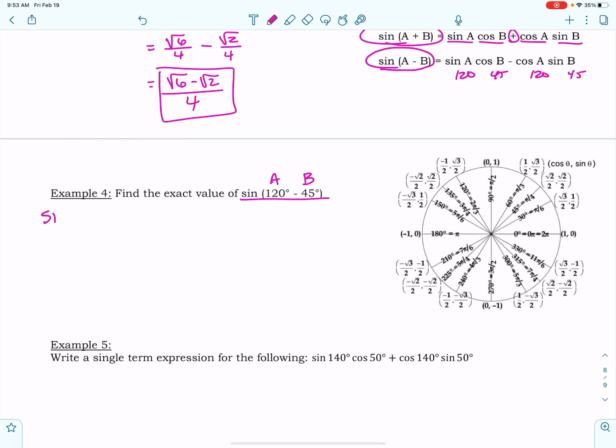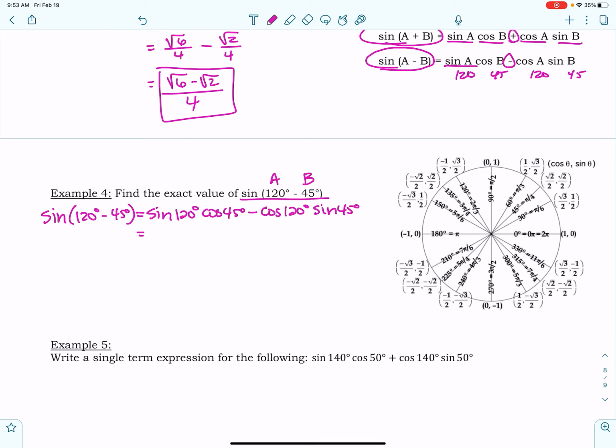So the sine of 120 degrees minus 45 degrees can be written as sine of A, so sine of 120, times the cosine of B, which is 45, minus the cosine of 120 times the sine of 45.